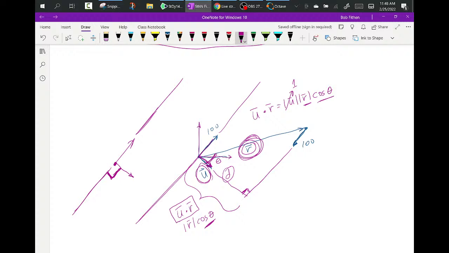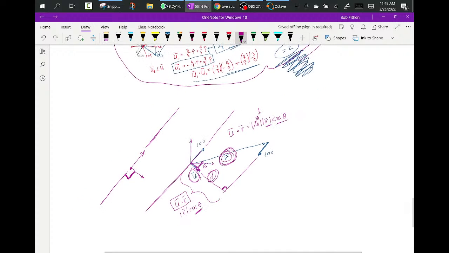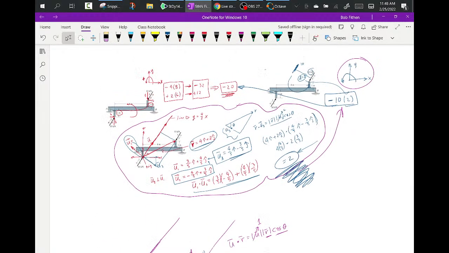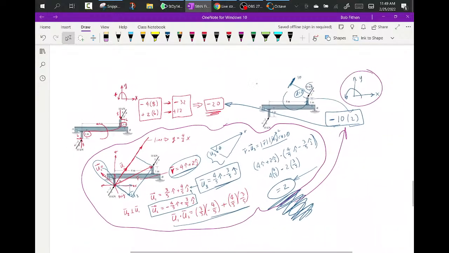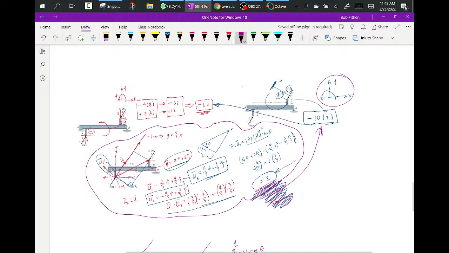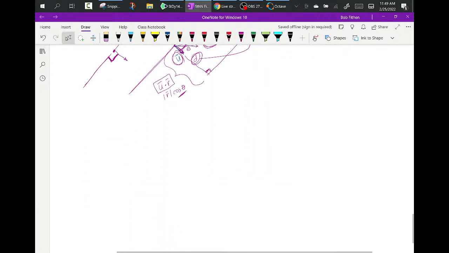The result comes out to be the distance between them. You just take that distance and multiply it times the 100 pounds, or whatever it is. In this case it was 10. The perpendicular distance was 2. Worked out. So I think we'll call it good.